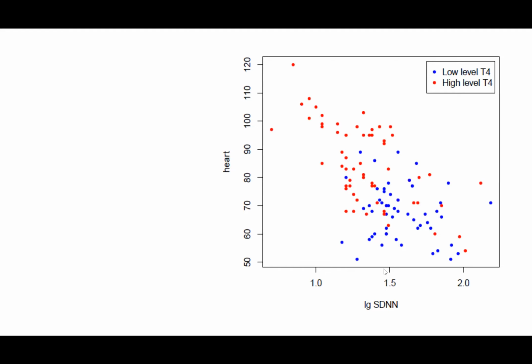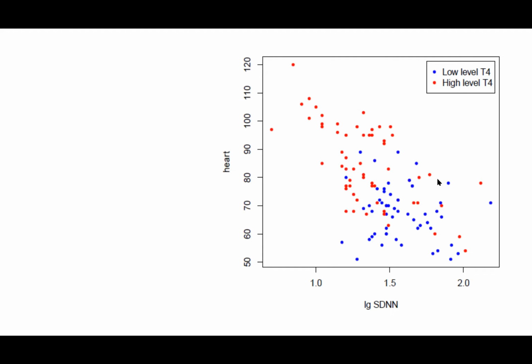Each point corresponds to an individual, to a patient. Red points correspond to patients with a high level of T4, and the blue points correspond to the low level of T4. And we want to predict the level of T4 given these points.